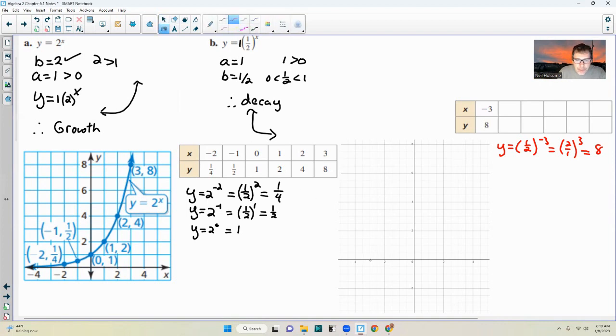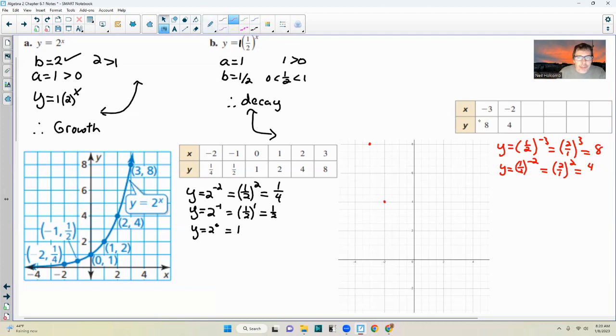So I'll plot that point. (-3, 8) is right here. And then just add 1 and go to -2. And I'm just going to show the negatives. y equals 1/2 to the -2, which equals 2 over 1 to the +2, which equals 4 over 1, or simply 4. So we're going to get (-2, 4), which is right here.